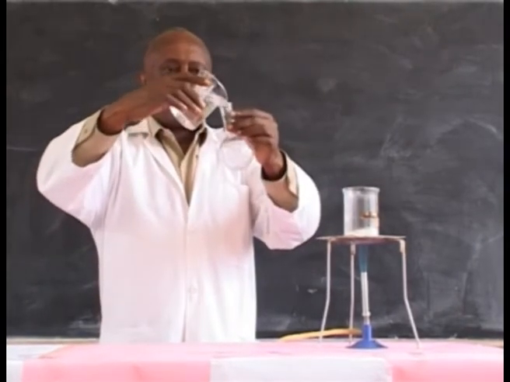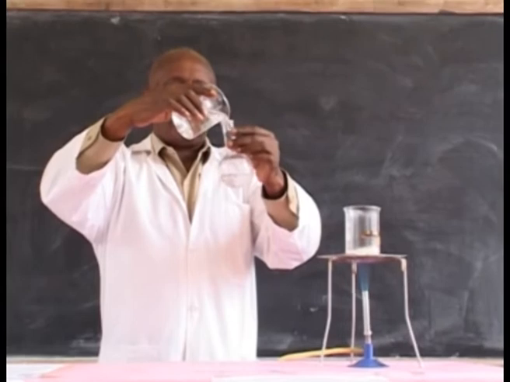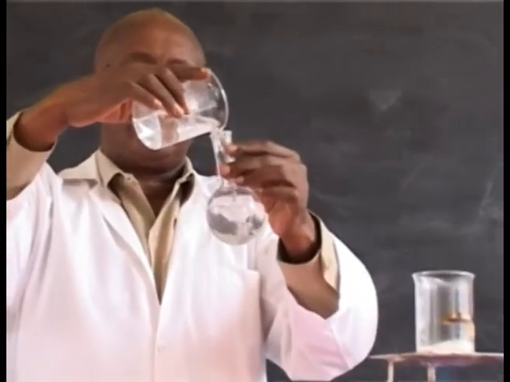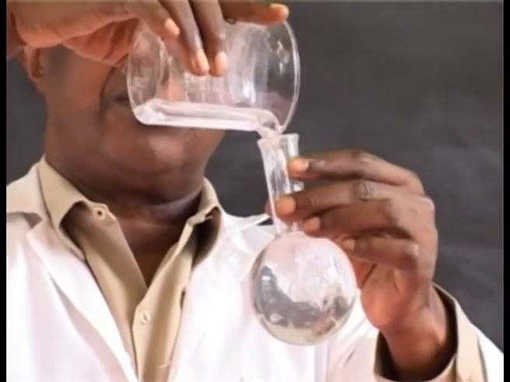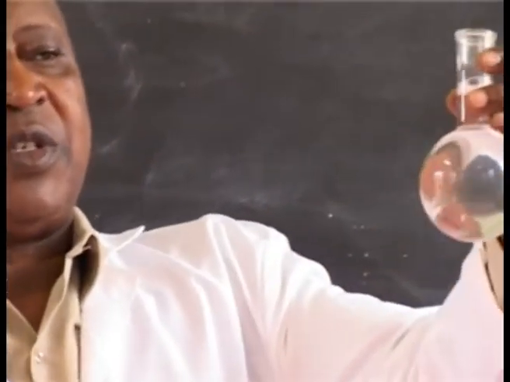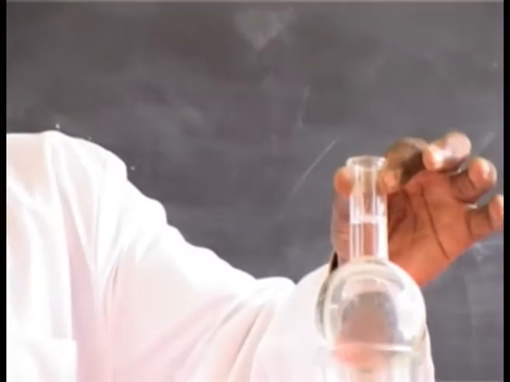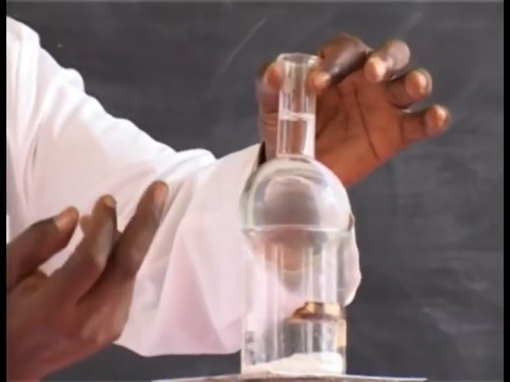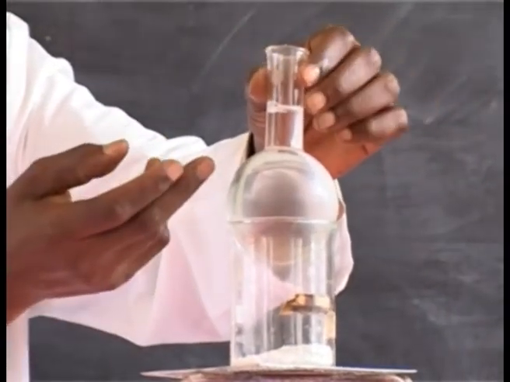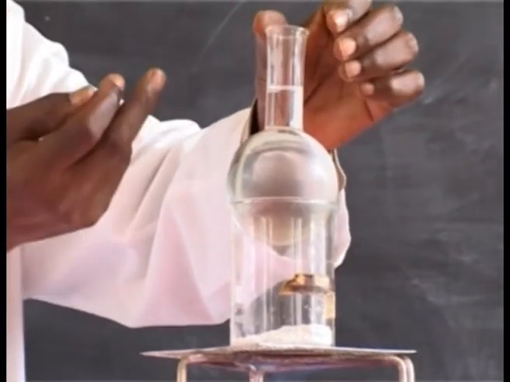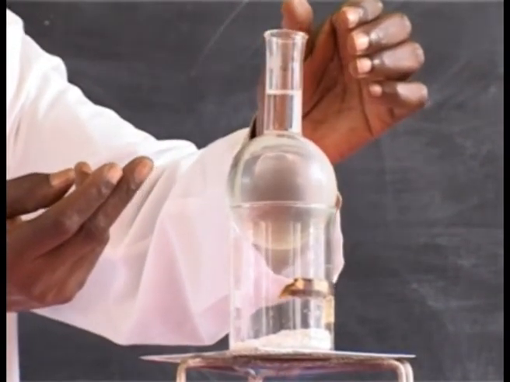We shall put this in the round-bottomed flask, and use this water as the coolant to make sure that the iodine vapors get a cool surface so that they change into solid again.